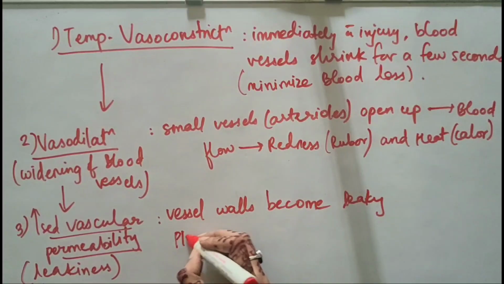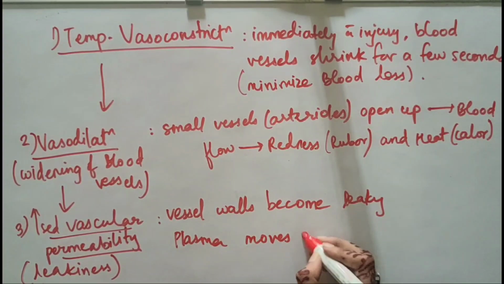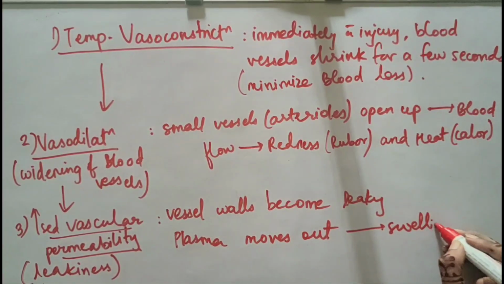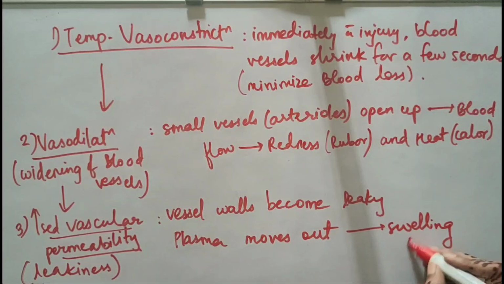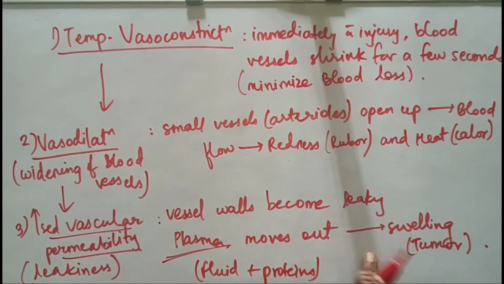That is, the plasma moves out, which causes swelling. Swelling is also called tumor. Now what is plasma? Plasma is fluid plus the proteins like fibrinogen, antibodies, etc. So they move out, which will cause swelling.